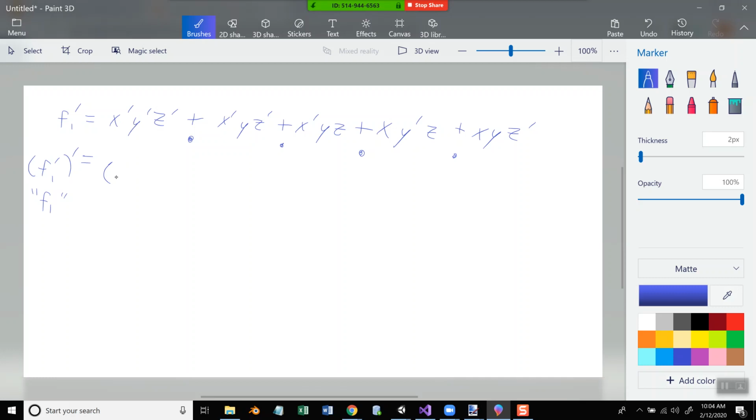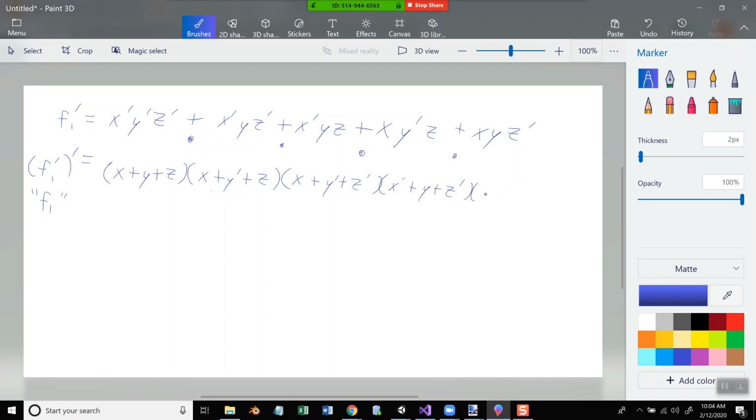So this would be x plus y plus z. And then this would be x plus y prime plus z. This would become x plus y prime plus z prime. This one becomes x prime plus y plus z prime.